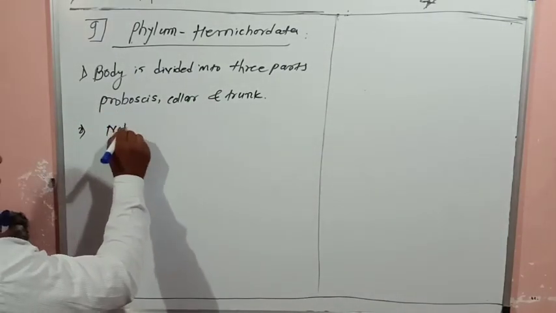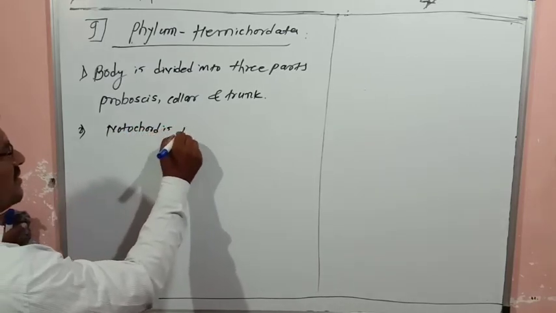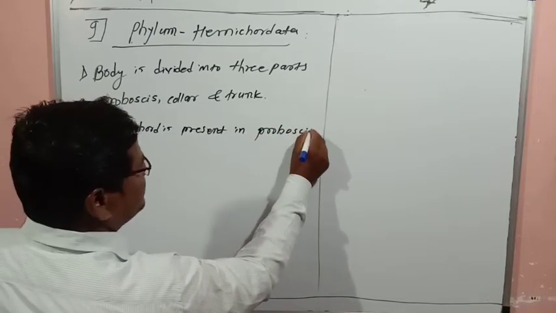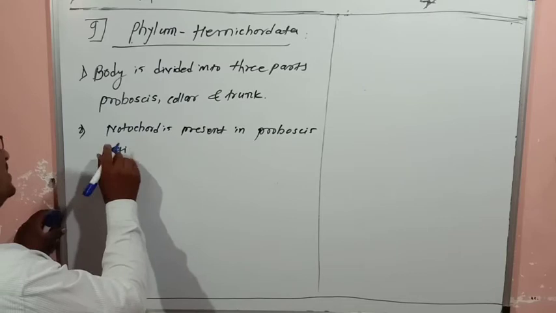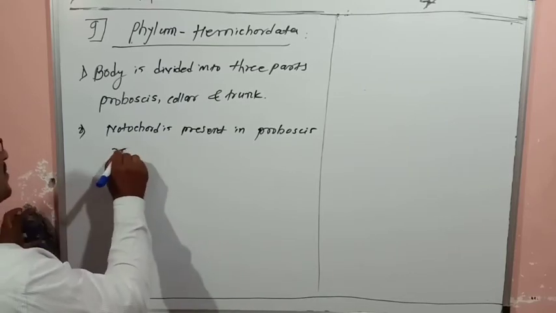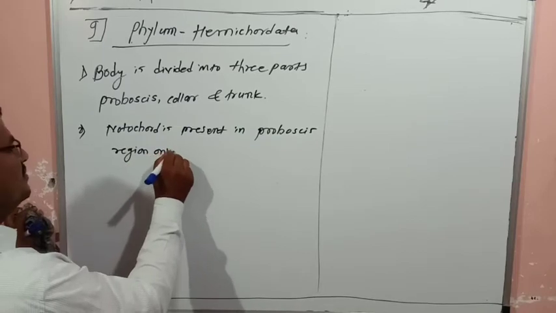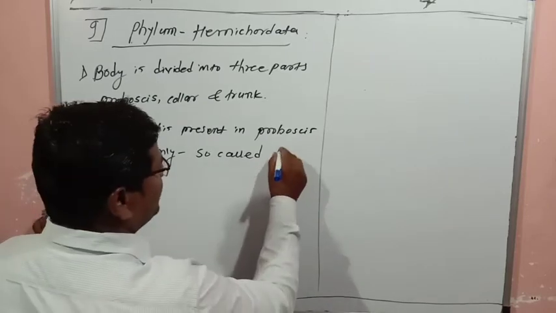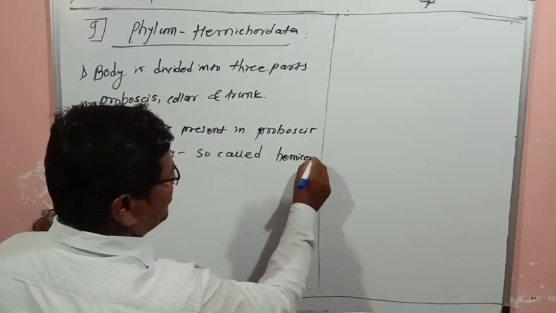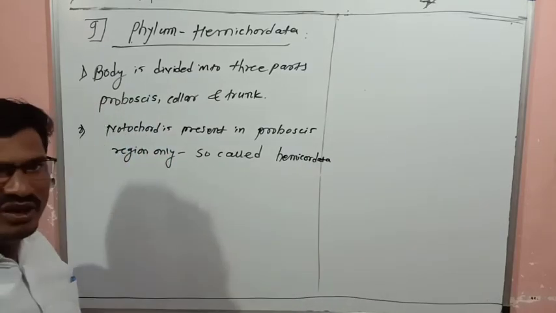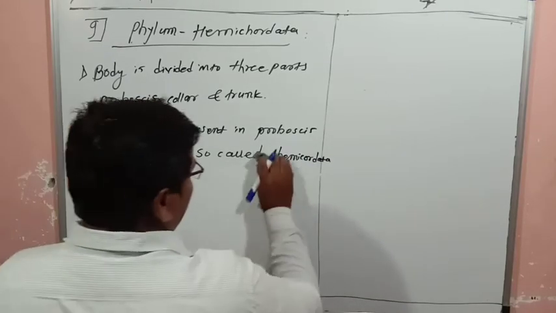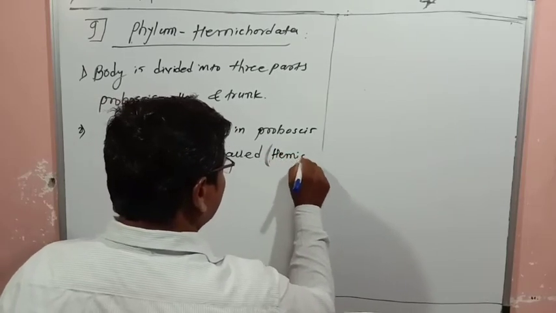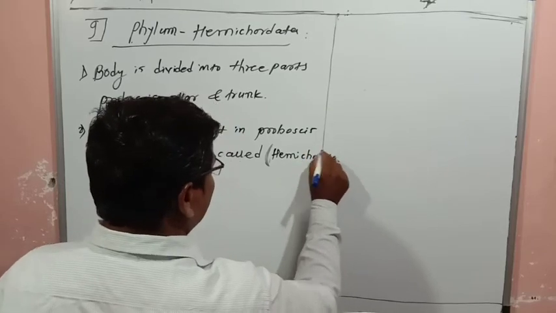Notochord is present in the proboscis region only, so they are called Hemichordata.